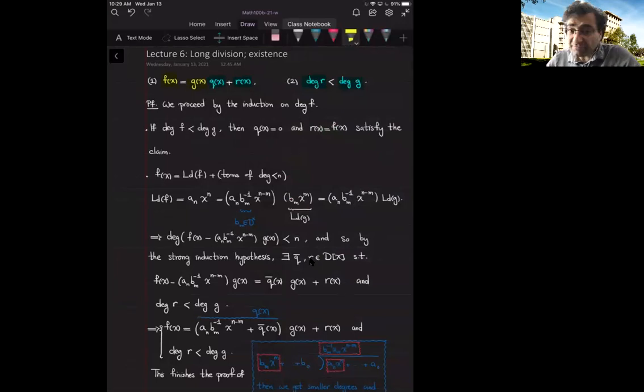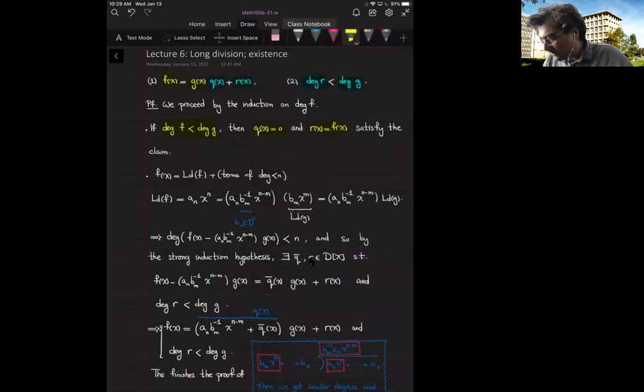Notice that if degree of F is strictly less than degree of G, then there is no need to divide anymore. So you have already reached the remainder. So if the degree of F is strictly less than degree of G, there is no multiple of G in it. So I can take the quotient to be 0 and the remainder to be the entire F itself.